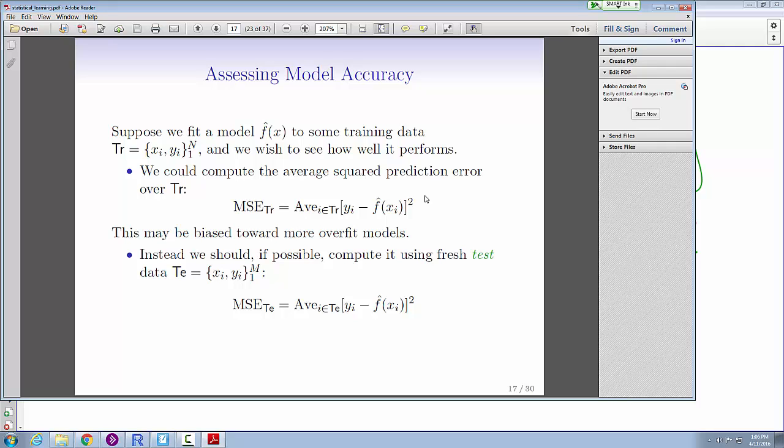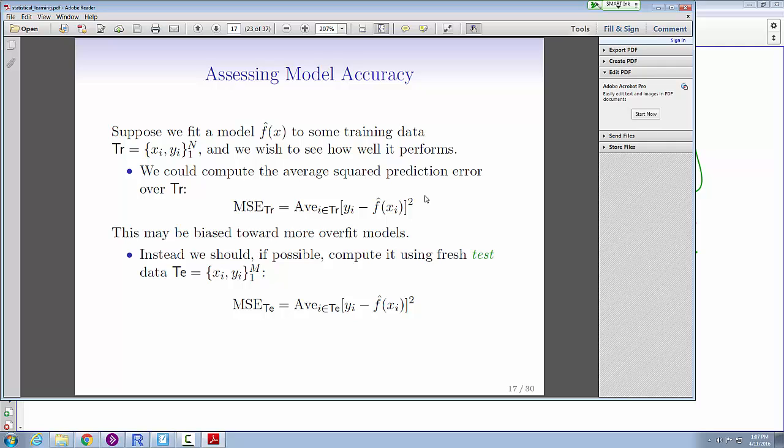Okay, so now we get to the question that I alluded to earlier. How do we balance flexibility with interpretability and accuracy in particular? With a numerical variable, mean squared error is the natural quantity to look at. How accurate is my model? Let's look at mean squared error.